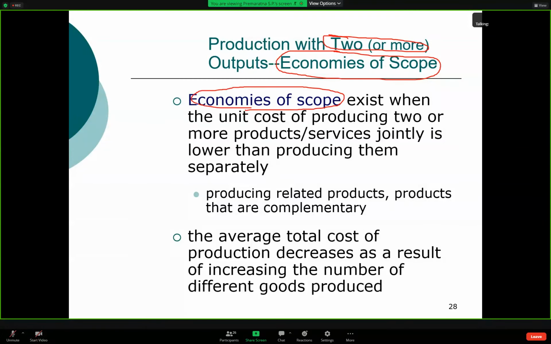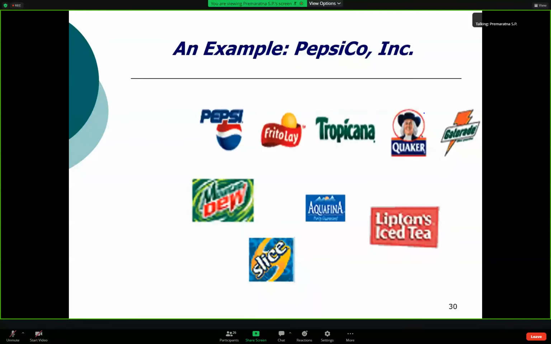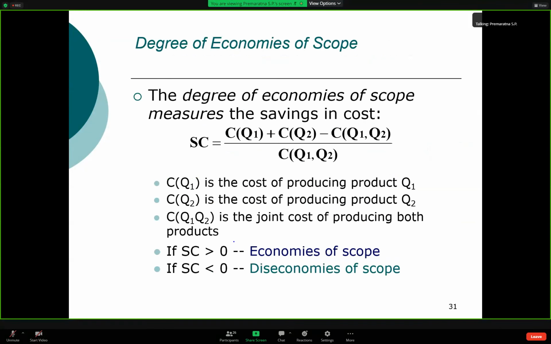But that also has a certain limit, because diseconomies of scope also come. You might know many examples of multi-product production: university research and training, car and truck companies, Pepsi and such companies, maybe your own company. There we get economies of scope and diseconomies of scope again.